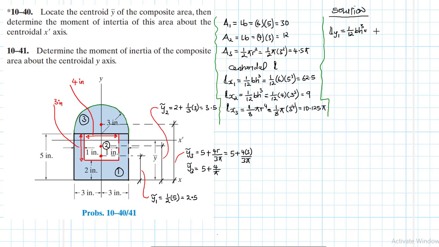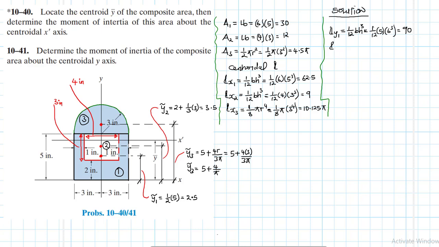This is equal to 1 over 12. Our b this time around becomes 5 and our h becomes 6 cubed. Then when we calculate this, 6 cubed by 5 divided by 12, this becomes 90, right?